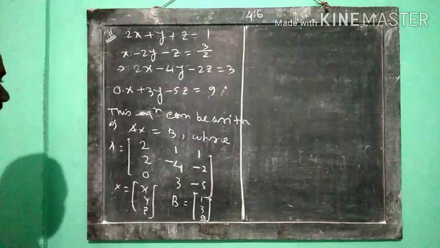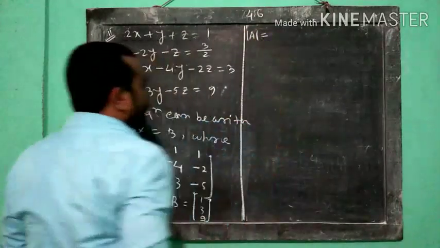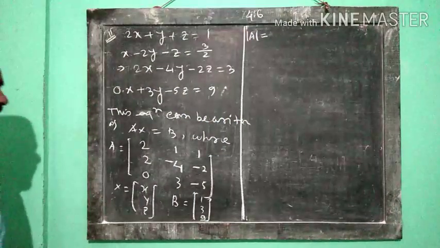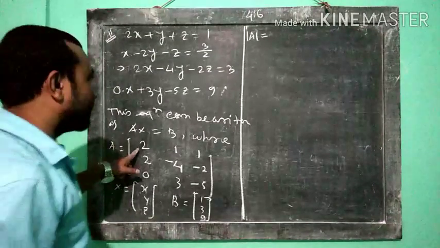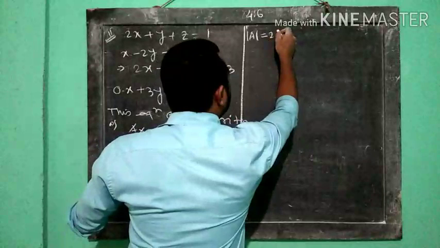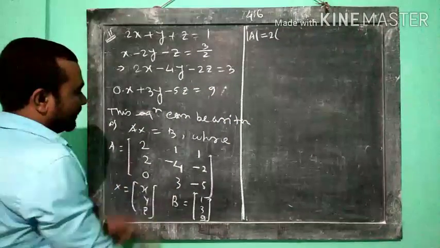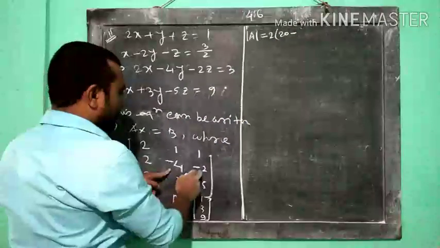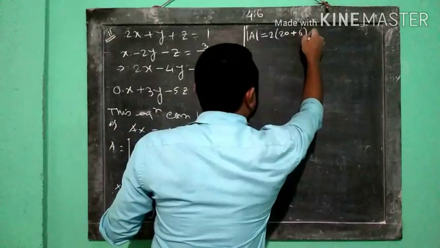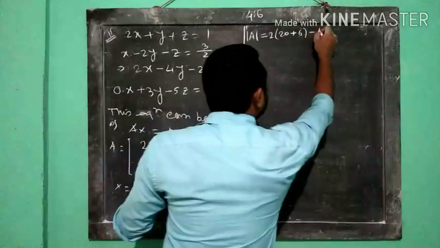Okay, now first of all we check the determinant of A. Determinant of A equal to what? If determinant of A equal to 0, then there is nothing to prove here. So determinant of A, first of all, this is 2. Then cancelling by first column, then this is 20, minus is plus 6. Again this one is minus, here is 1.